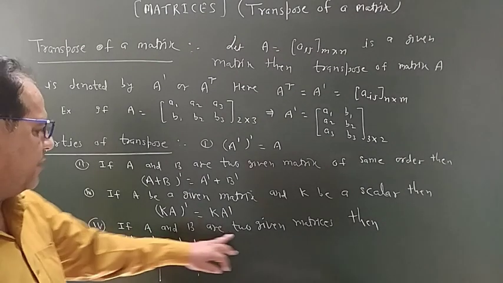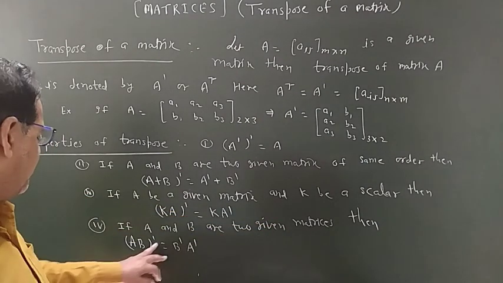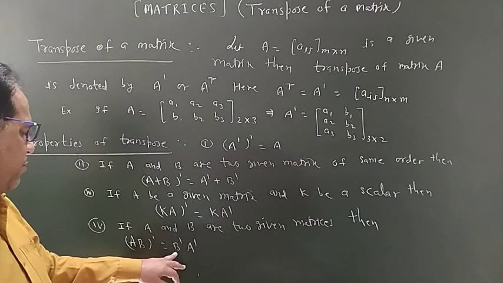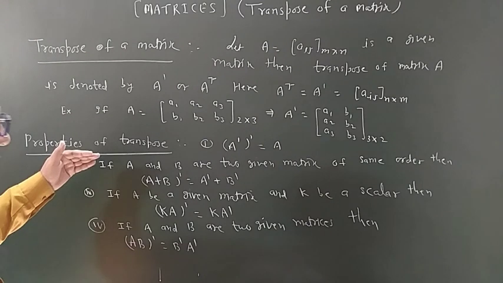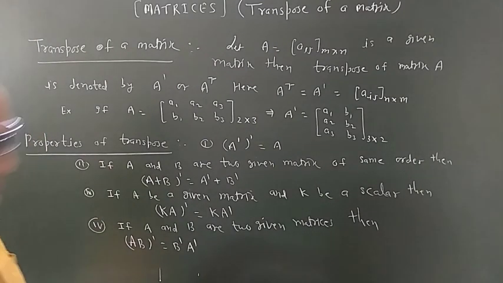If A and B are two given matrices, then transpose of AB equals the transpose of B into transpose of A. So these are some important properties of the transpose of matrix.